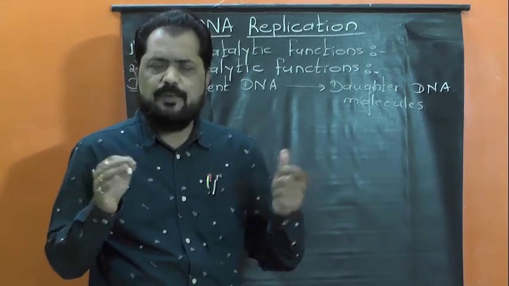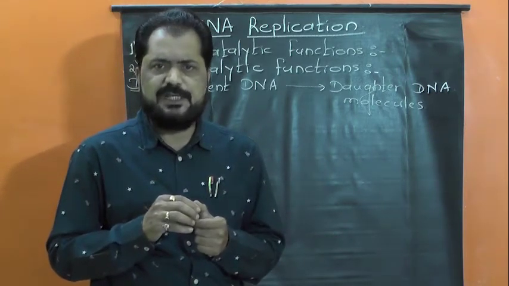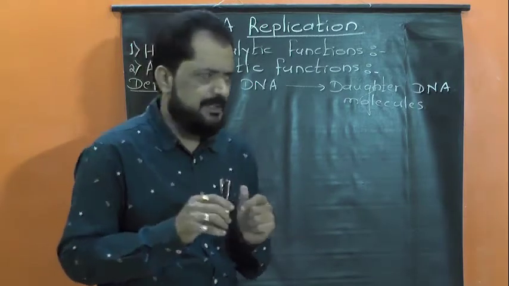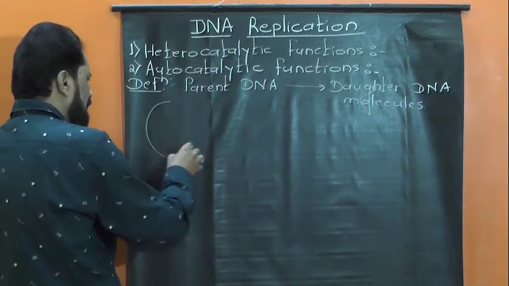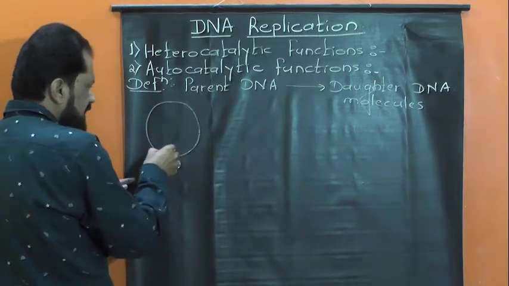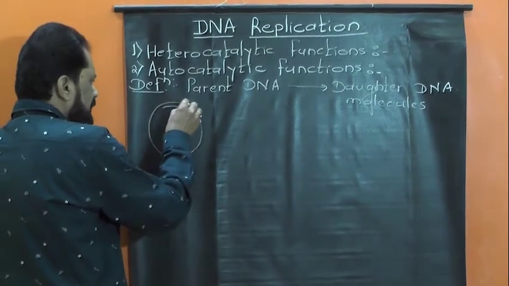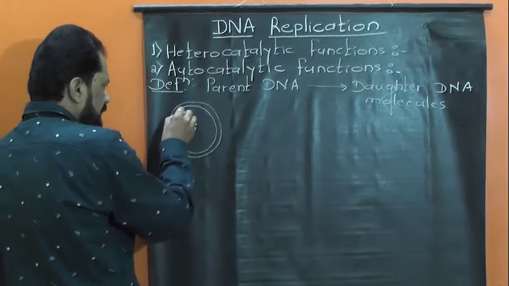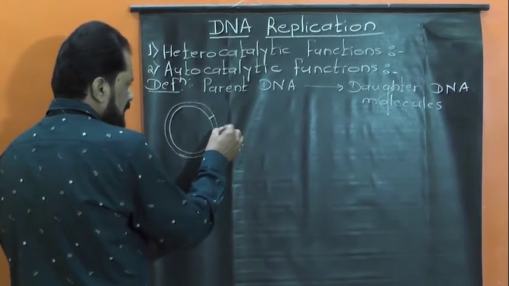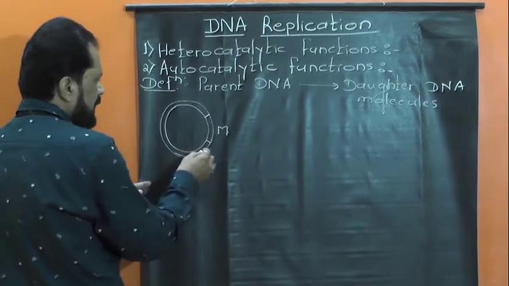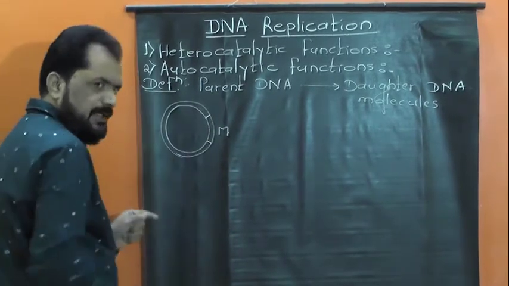We all have studied about the cell cycle in 11th, isn't it? We know that the cell cycle consists of two main phases, M phase and interphase. Here I am going to show diagrammatically. Suppose here is the M phase and here is the interphase.